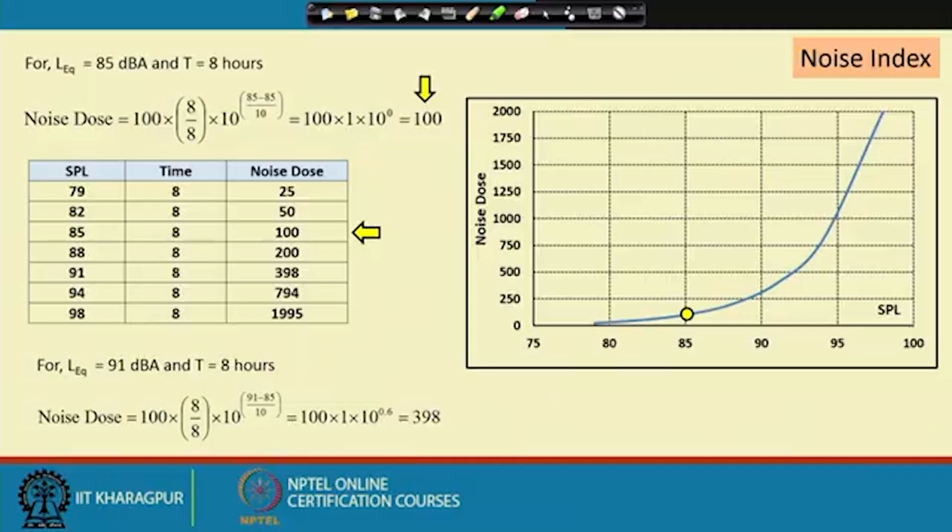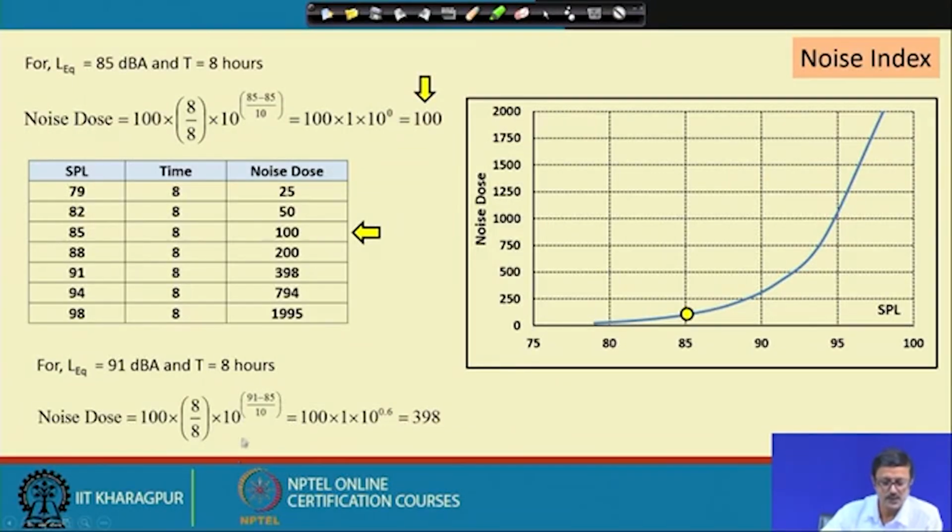I put 91 over here minus 85, which gives me 10 to the power 0.6, because 91 minus 85 is 6, and 8 by 8 remains 1, times 100. So, it gives me almost 398, almost 400. So, if I am exposed to 91 dB sound for 8 hours, my noise dosing is almost 4-fold, 4 times. So, this is over here, 400.